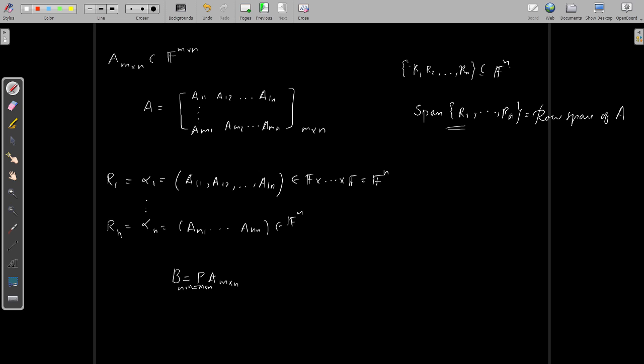So we define the row space of A as this. Now consider PA. What is PA?